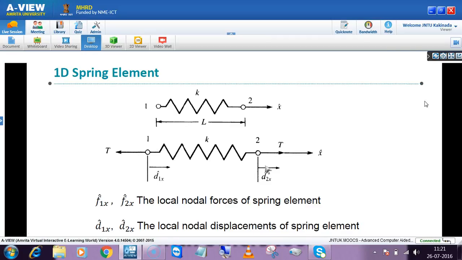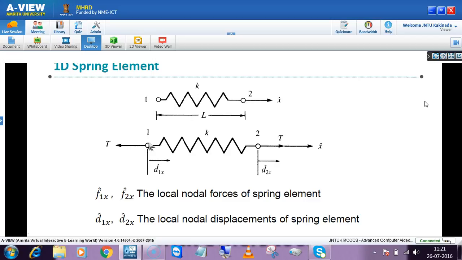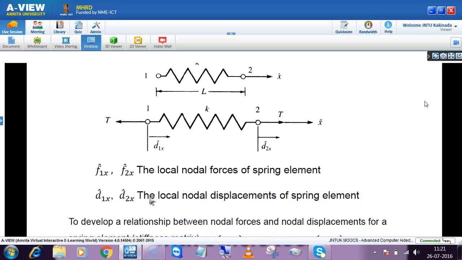F1x and F2x are local nodal forces on the spring element. So at node 1 the force will be F1x, at node 2 the force will be F2x.